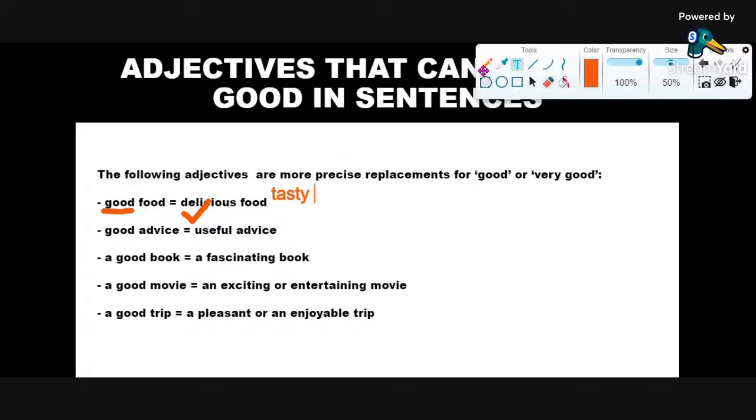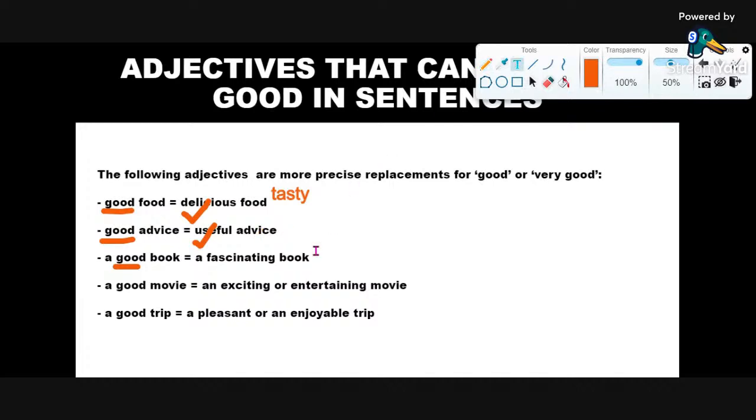Then let's look at the words good advice. Now, good advice could be replaced with the more precise word useful. Useful advice. If you describe a book as good, a good book, sometimes you start wondering the type of book that has been described as good, because in the first place there are different types of book.